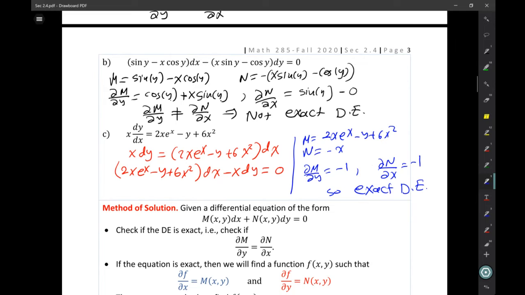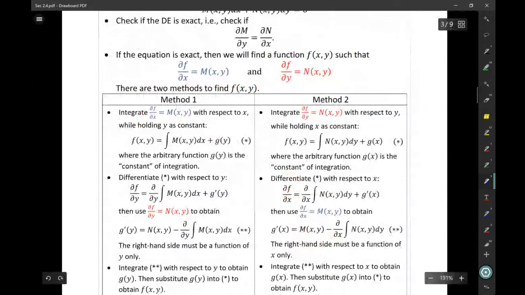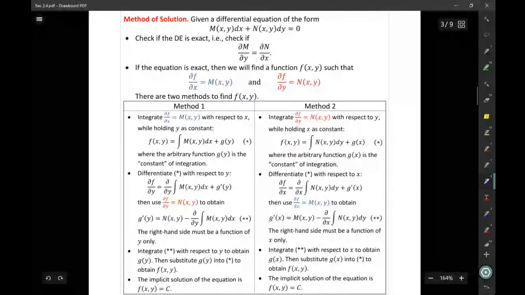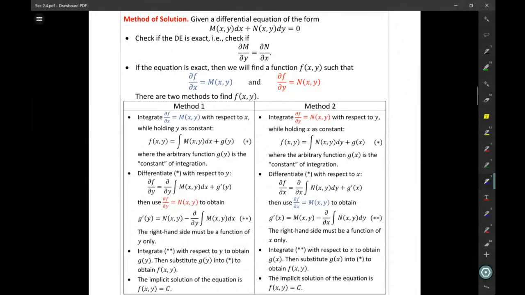Okay. Now let's see how we can solve the exact differential equation. Have a look here. We have two methods to solve the exact differential equation. For sure, the first step, you have to check that your differential equation is exact.